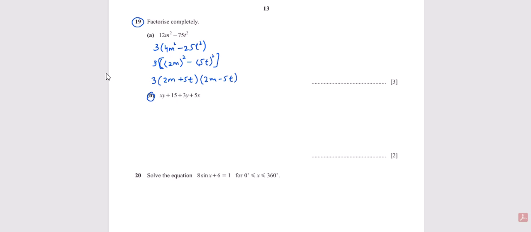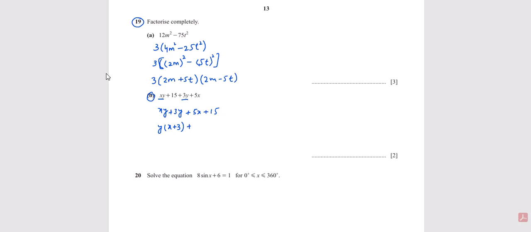Part B. xy plus 15 plus 3y plus 5x. We rearrange these terms like this: xy plus 3y plus 5x plus 15. Take y common from the first two terms: y times (x plus 3).